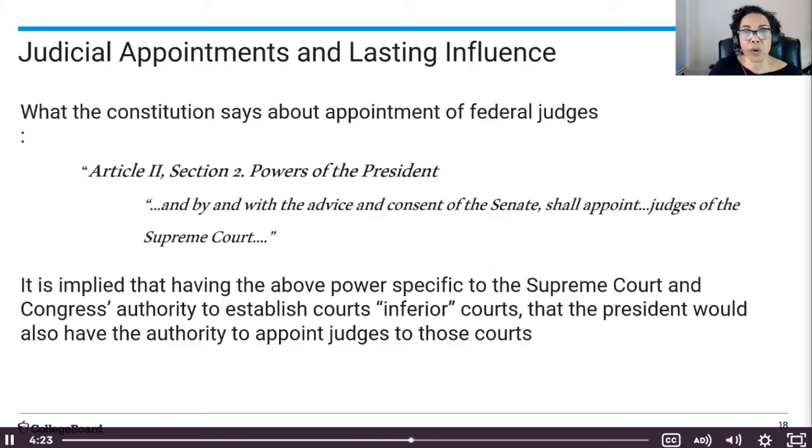With the judicial appointments and the fact that they had this lasting influence, we look to Article 3, Section 2, which just says that the president has this authority, and we know that the president would have it be on the Supreme Court because of it being implied that if the Congress is able to create inferior courts, the president would have to have the power to nominate and appoint judges to those courts, just like he would to the Supreme Court.